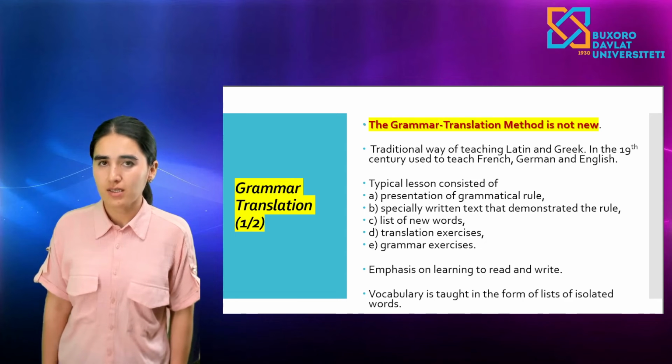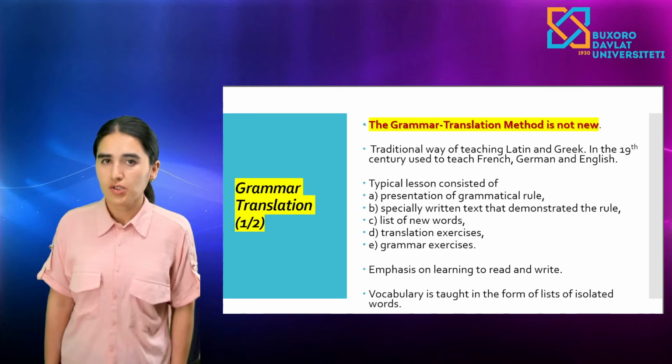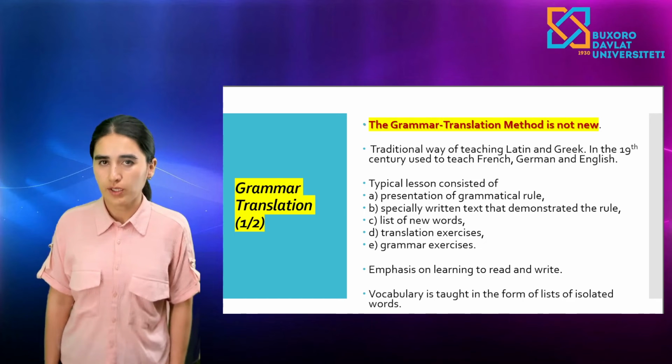Translation exercises and grammar exercises play an important role in this method, and the teacher who mainly teaches based on the grammar translation method usually plans their lesson by integrating reading and writing lessons and focusing on translation and learning new vocabulary.